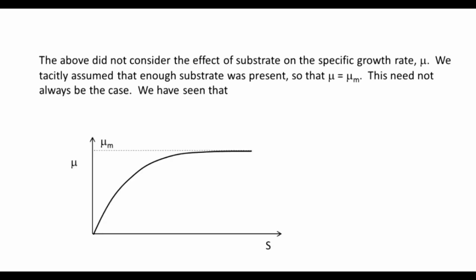We have seen this. This is the mathematical representation of the variation, the Monod model of mu's variation with S. The specific growth rate is mu m times S by Ks plus S. This variation would affect the growth rate, and therefore that will ultimately affect the time that it takes to achieve a certain cell concentration in batch if it is possible.